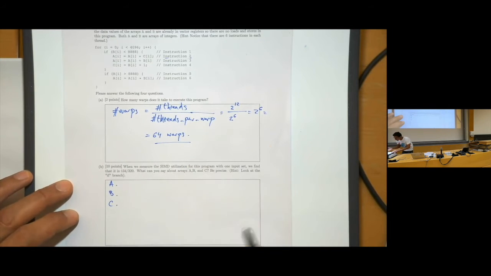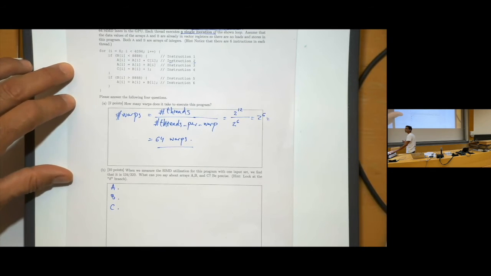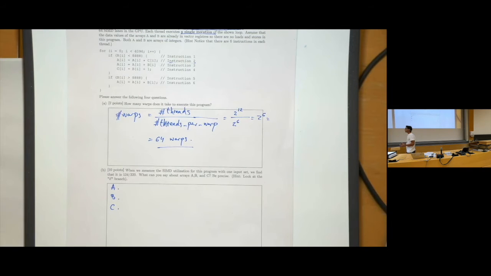If we observe the code and the if statements, we see that the only array that is important to make control flow decisions is array B. So there is no impact of the values in arrays A and C on the execution of this program.